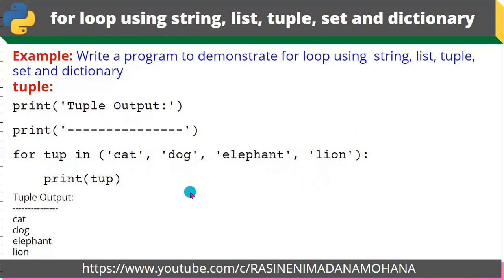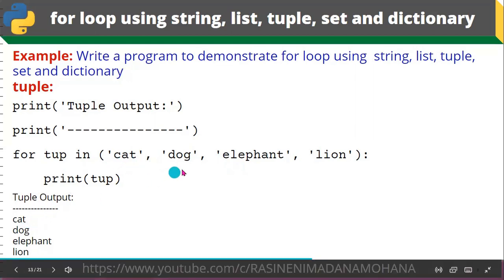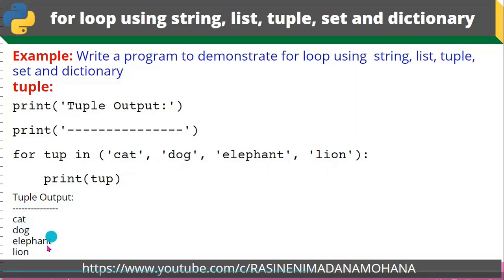In the same fashion, it prints the values from the tuple data structure, in the same order. It displays string wise, not character wise. The entire string is displayed at a time. The first position value is cat, cat is displayed. Second value is dog, dog is displayed. Third is elephant, elephant is displayed. Fourth is lion. After lion, nothing will be there. So this is the tuple output.